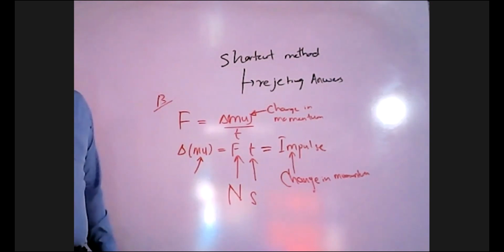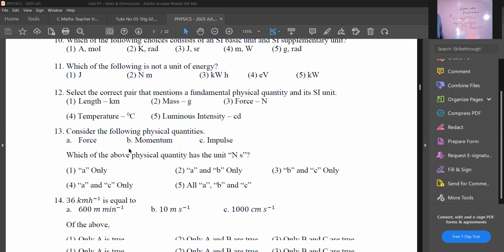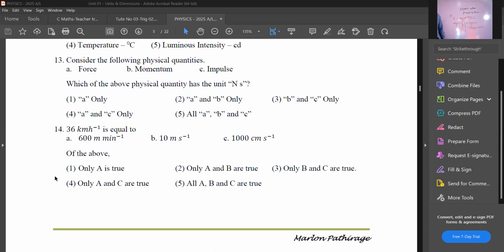Then 14th question. So what is the answer for the 14th question? In this case, you can use the eliminating method or rejecting answers method.